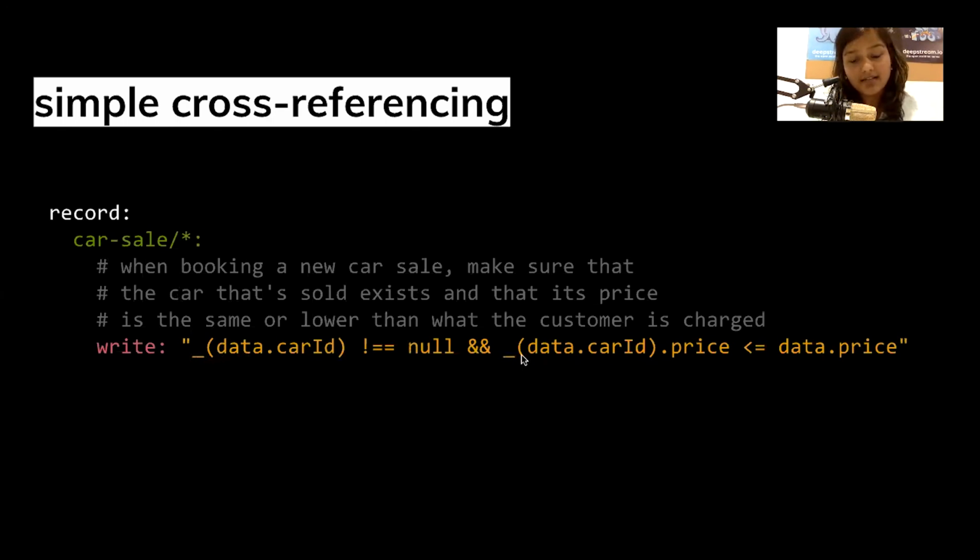And if it exists, I will check the price part of that record and check if it is less than or equal to the price of this particular write request that the client is performing right here. Now this is pretty simple. Now why is it powerful, and what other instances can you use it for?